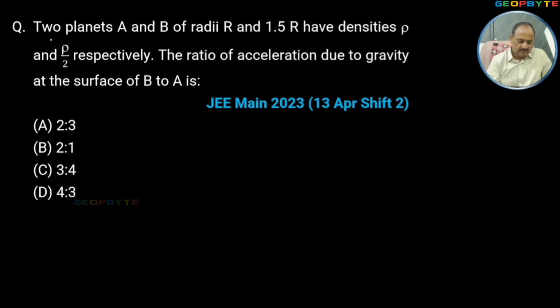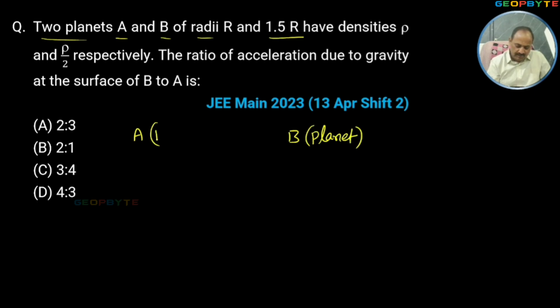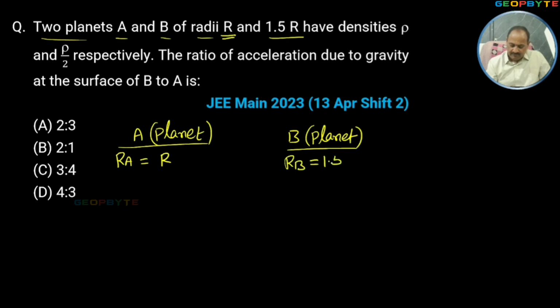It is asking like this: two planets A and B of radii R and 1.5 R. The radius of planet A, let it be RA, is given as R, and the radius of planet B, RB, is given as 1.5 R. They have densities rho and rho by 2 respectively.